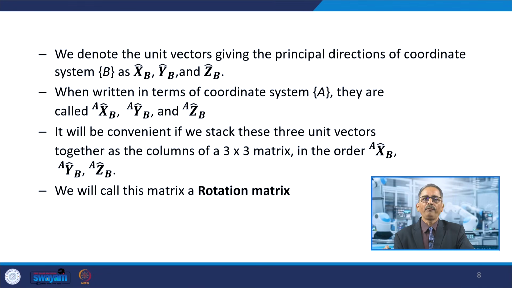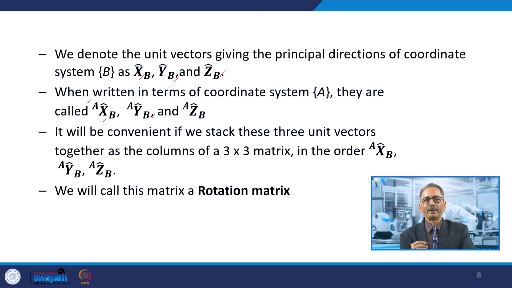We denote the unit vectors giving the principal directions of coordinate frame B as say xb cap, yb cap and zb cap, and when I write these unit vectors in terms of coordinate system A, they are represented like this: xb cap represented in terms of frame A, similarly yb cap represented in terms of frame A, and zb cap represented in terms of frame A.